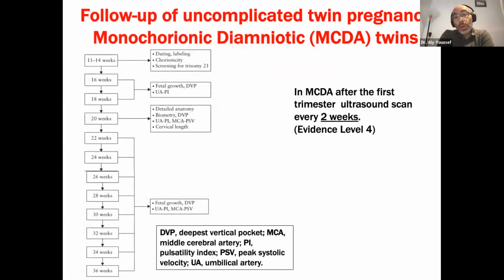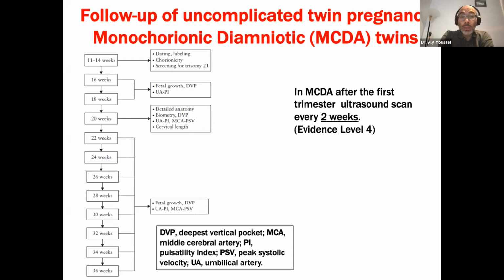Whereas uncomplicated monochorionic diamniotic twin pregnancy is managed much more frequently. So we have to see the patient at 11 to 14 weeks, in which we do the dating, labeling, chorionicity, and the screening. And then we scan the patient every 2 weeks for the whole pregnancy.